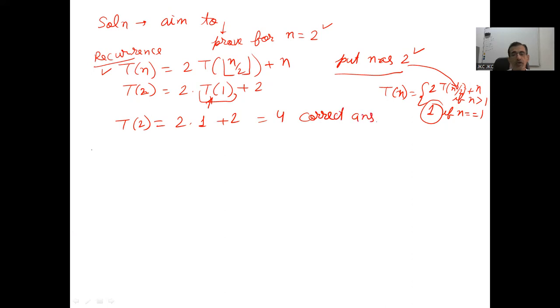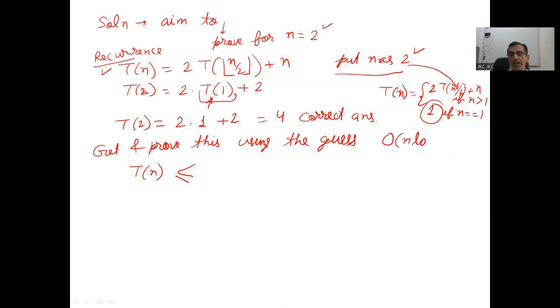I should be able to get and prove this value using the guess. So this is what I am supposed to prove. So using the guess, what guess I made? I said Tn is effectively guessed as order of n log n.